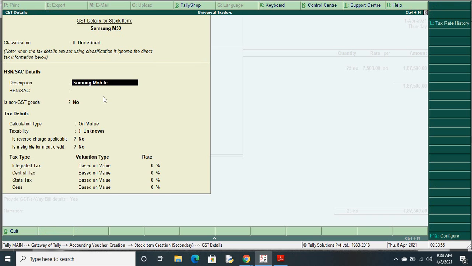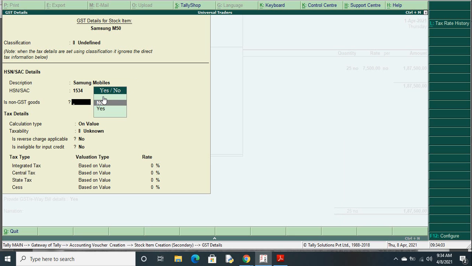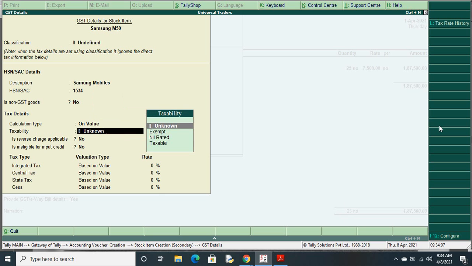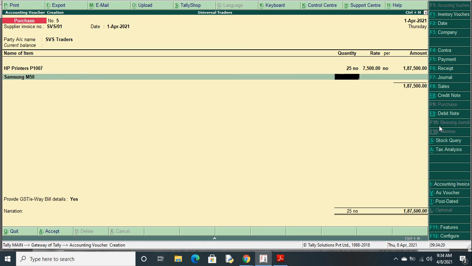Samsung mobiles, some GST number, non GST goods, no, on value, this is taxable, percentage is 12%. Goods, enter. So here I am purchasing.